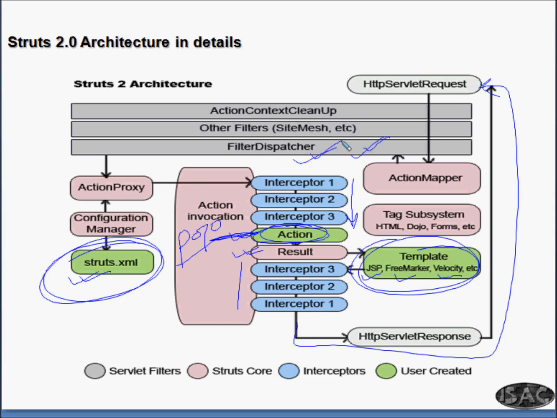These are the servlet filters, Struts core, and interceptor. You need not worry about all this. You have to take care of three things only: struts.xml, action classes, and the JSP pages, the result.